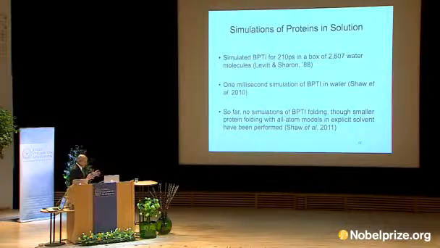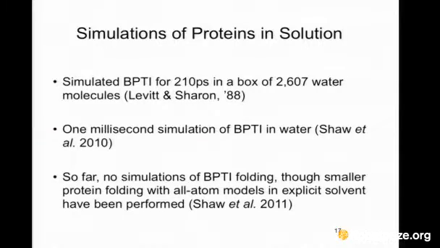Now, of course, as computers improve, one could improve the simulations, not only by improving the potentials, but also by doing longer simulations. And it was in '88, about 12 years later, that Levitt and his student Sharon did a 20 times longer simulation. And what was very important, they did it in a box of water molecules. Obviously, proteins don't exist really in water.